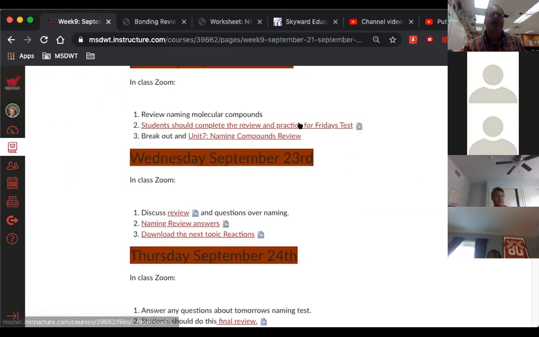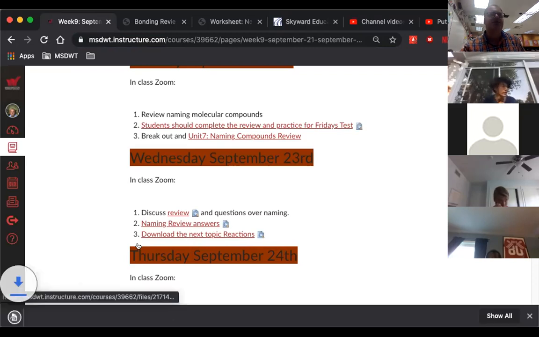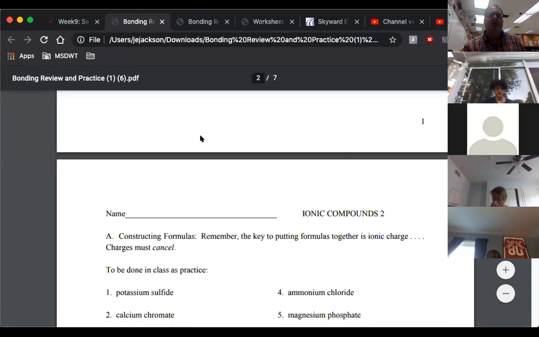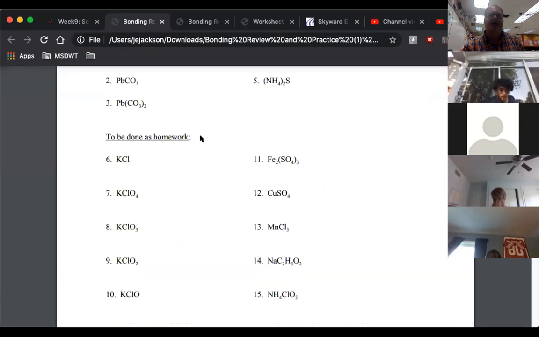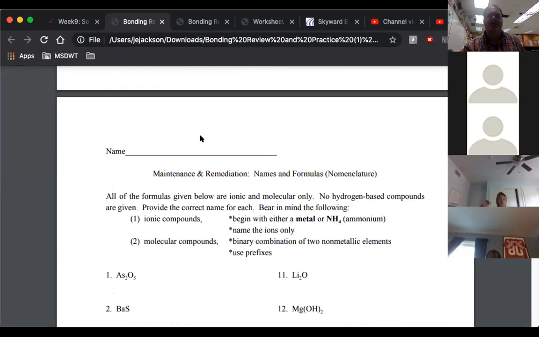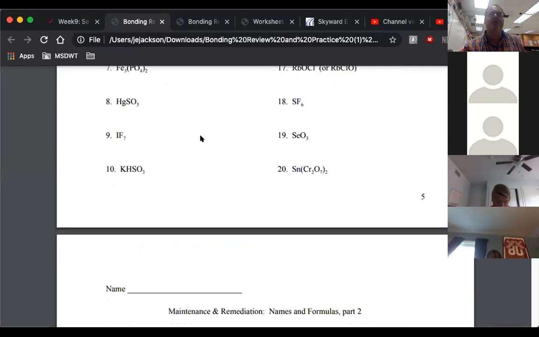This review is 7 pages. If you need to check your answers, the review answers are here. So let's take a quick look. 7 pages of naming these compounds. Like I said, we would spend 2 days in class doing this. If you get good at it, you could knock this out pretty quickly.